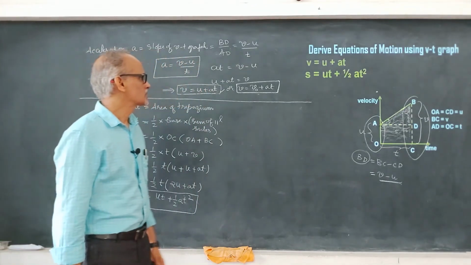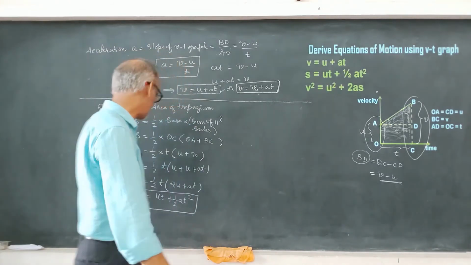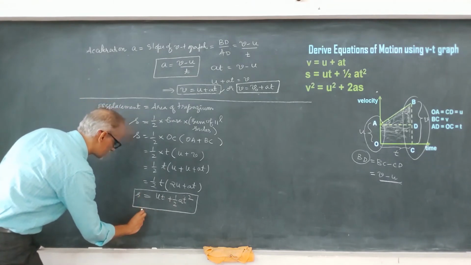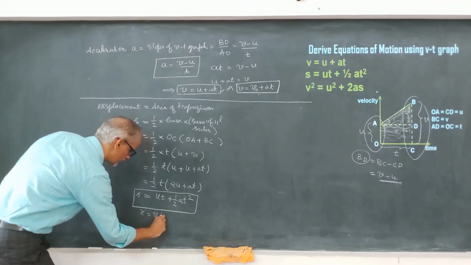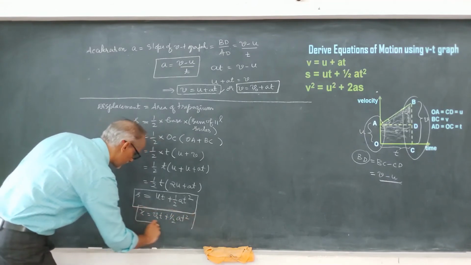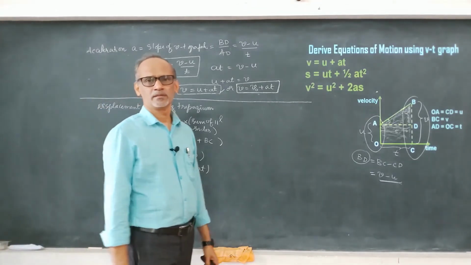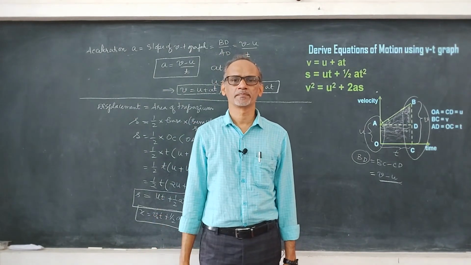Clear? There is one more equation which is v square is equal to u square plus 2as. Before that, the alternative equation which they may give for this, instead of s, they may give you x: v naught t plus half a t square. So even if this equation is given, the derivation remains the same, only the variables are different.